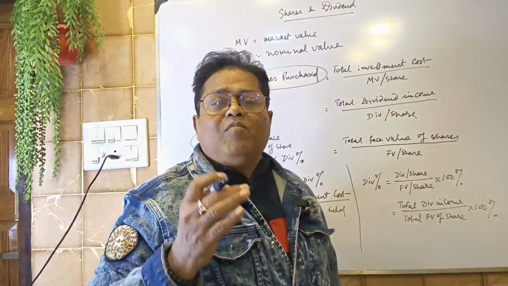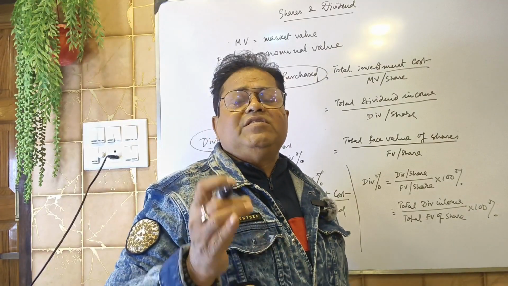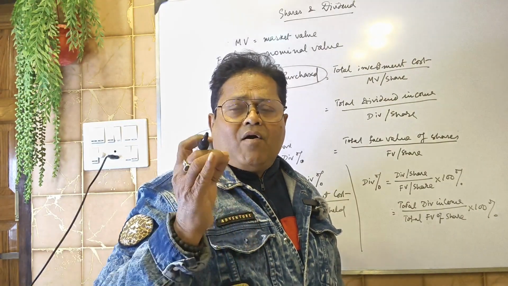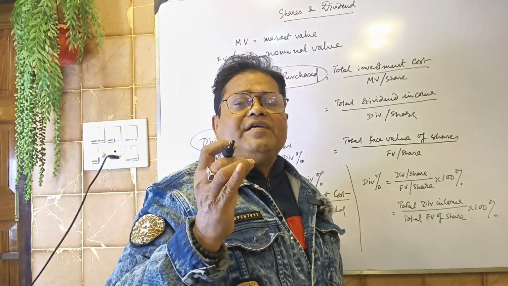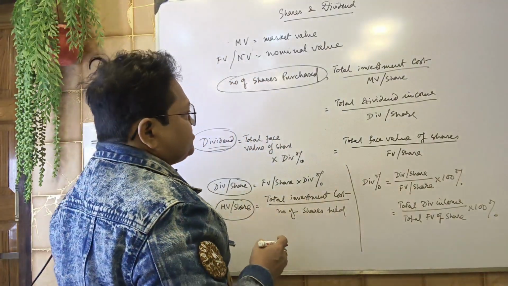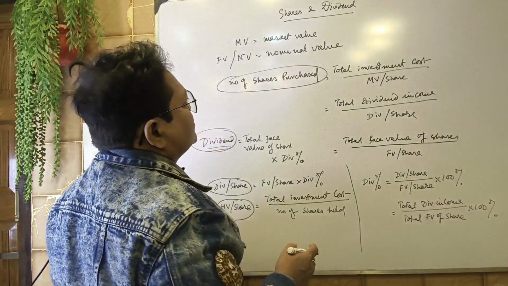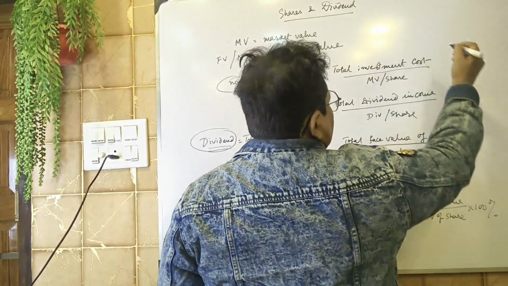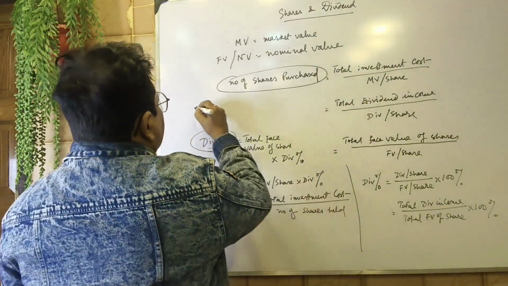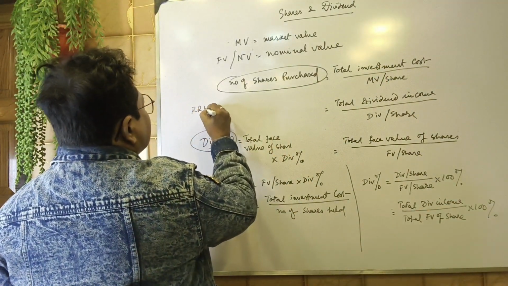Now comes the most important ratio, which is called RRI, or rate of return on investment, where I will write, there is no space, rate of return on investment, RRI.